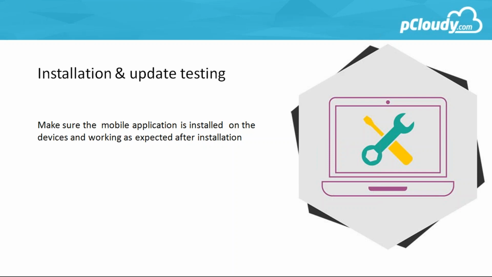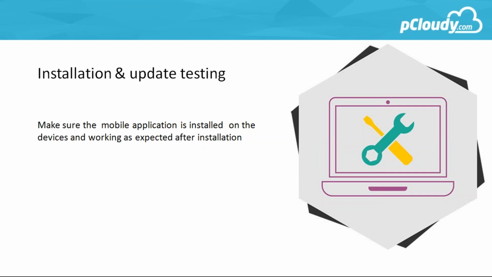Also, we have to test how the software updates work, how updates are pushed to the mobile, and how your application behaves when it is updated automatically. We have seen at times that the application is really working fine, and after getting the update, either the update is not getting applied to the piece of software, or the mobile application starts behaving weirdly.